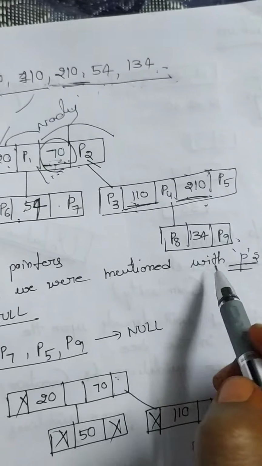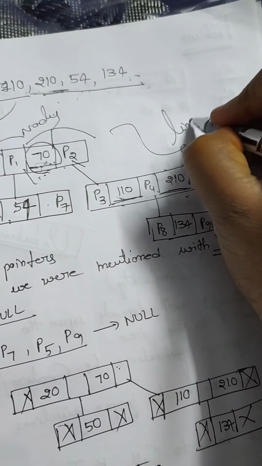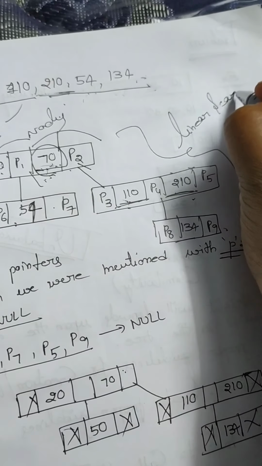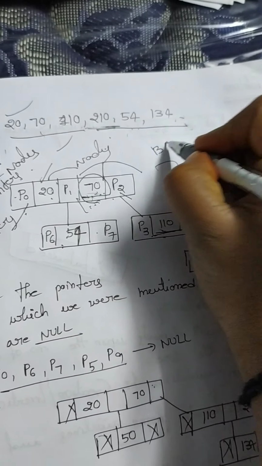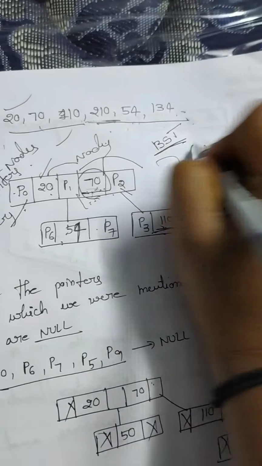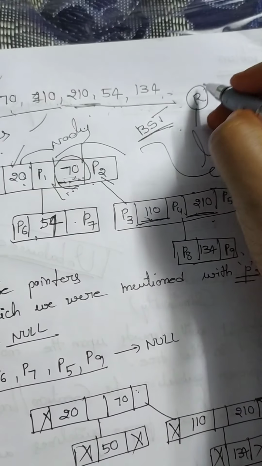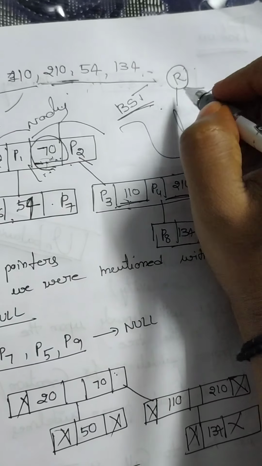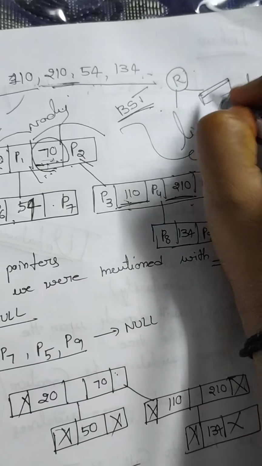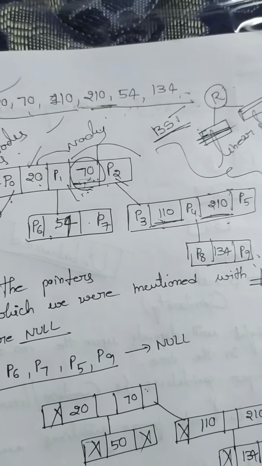And then 134. This is similar to linear search, and it will follow the BST property. Wherever the root node is, the elements greater than the root node will be placed on the right side, and those less than the root node will be placed on the left side.